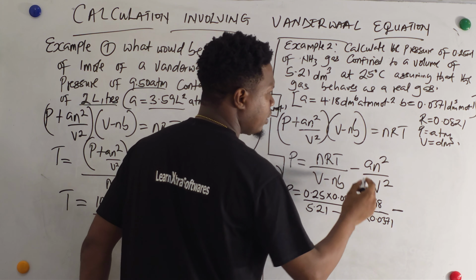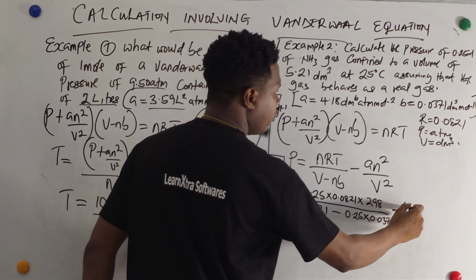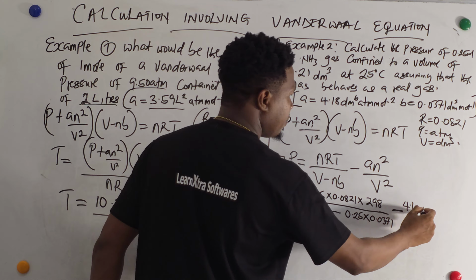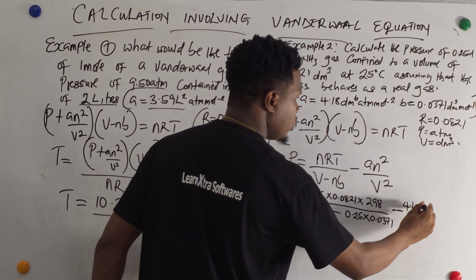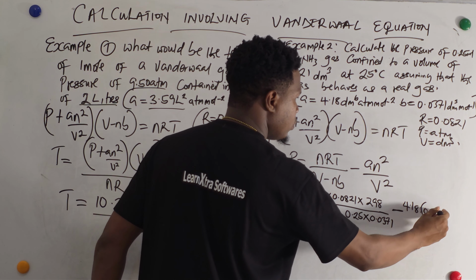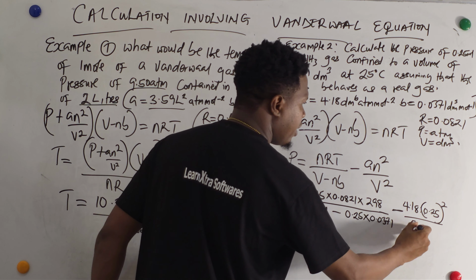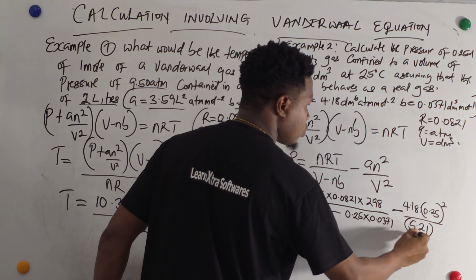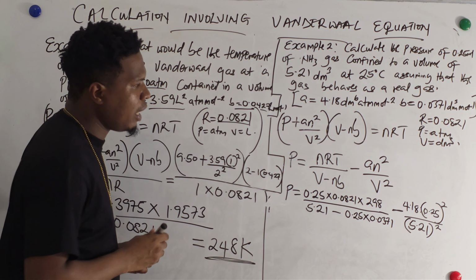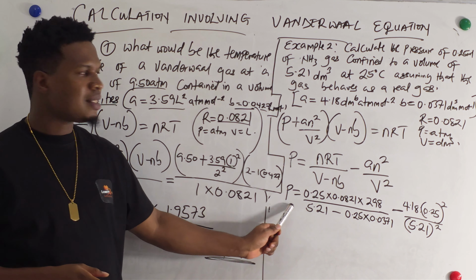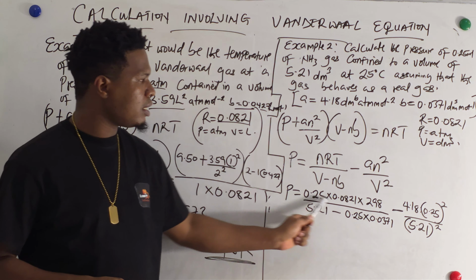Minus this one. What is the Van der Waals constant A? 4.18. Multiply by 0.25 all squared, all over V squared, what is V squared? 5.21 squared. So please carefully watch all the values I put here. All these values you are seeing here tally with the things you are seeing here.